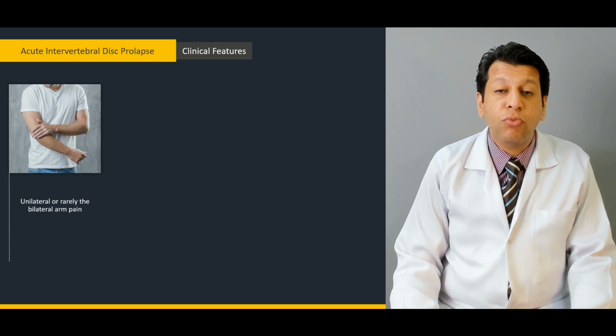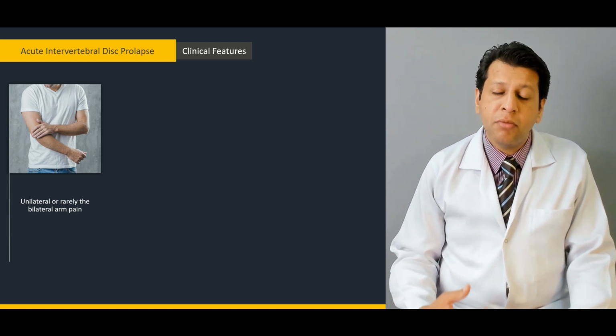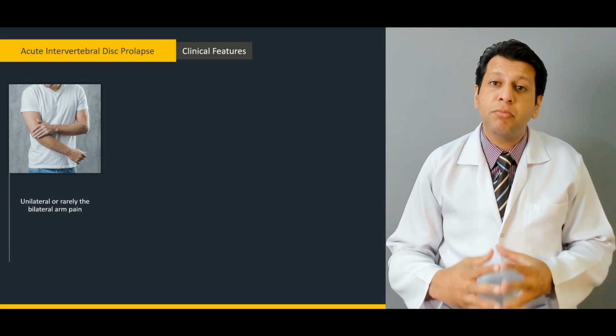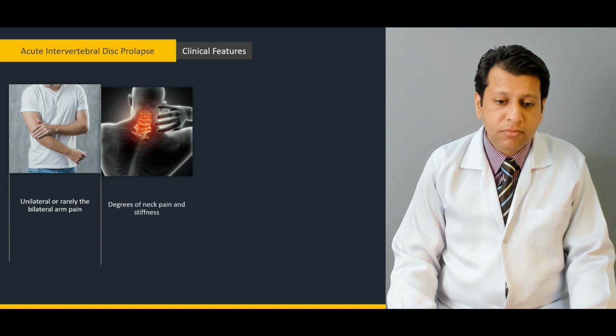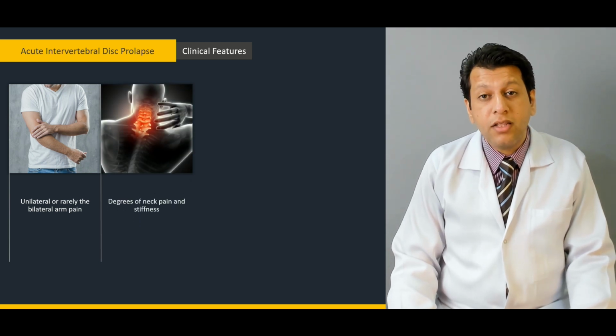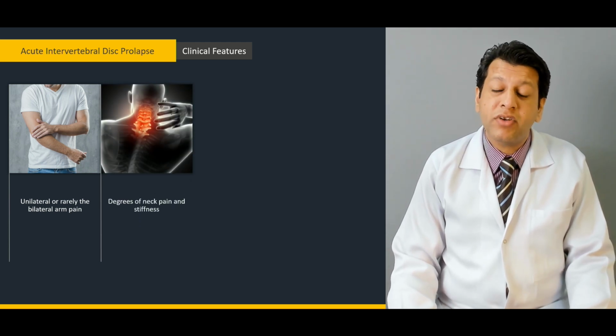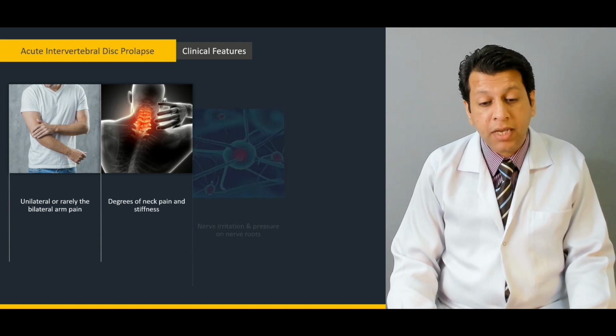Now coming to the clinical features. Most commonly it's a unilateral pain. Usually the patient presents with low back pain relating to either the right or the left side of the body, but sometimes the disc bulge may be so huge that it leads to bilateral pain. If it's cervical, this may be associated with neck pain, and if it's lumbar, with back pain.